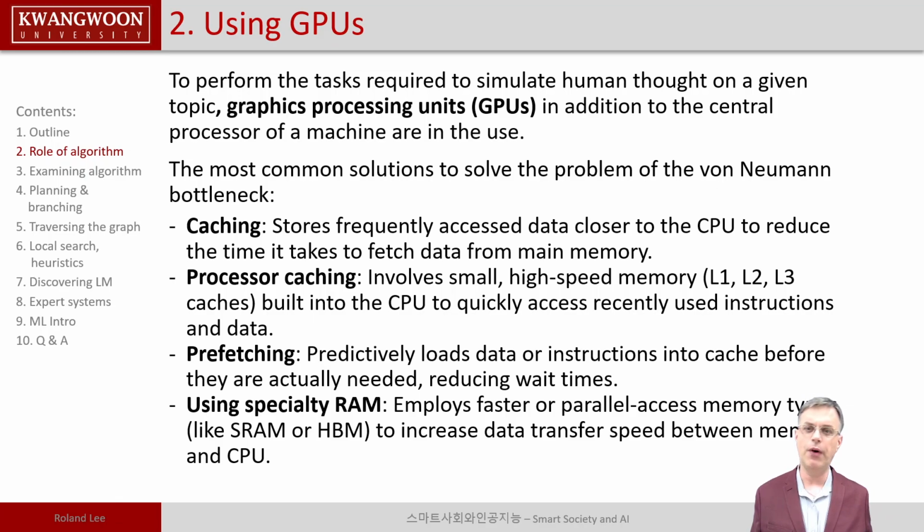Now, the von Neumann bottleneck is a natural result of using a bus to transfer data between the processor, memory, long-term storage, and peripheral devices. No matter how fast the bus performs its task, overwhelming it is always possible.